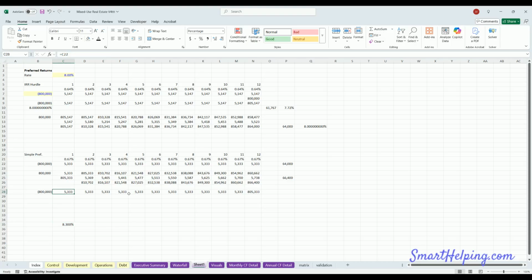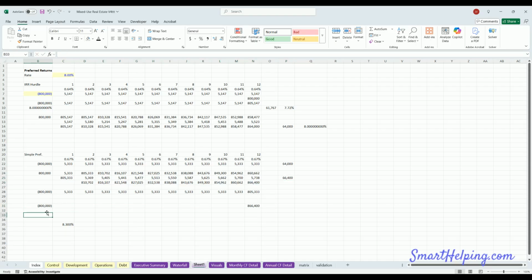And then the IRR the LP is getting is, let's see, your cash out would be this, and you're not paid until the very end, and then at the end, you're paid this amount.